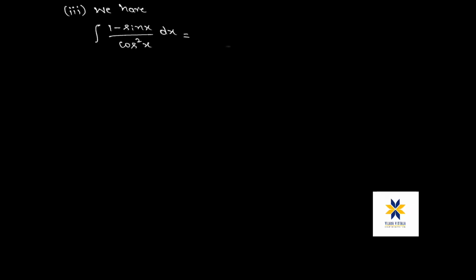Now how do we integrate this function? We don't have any rule like integration of u by v. It looks like a function divided by a function. In differentiation we have the u by v rule, which is called the quotient rule.